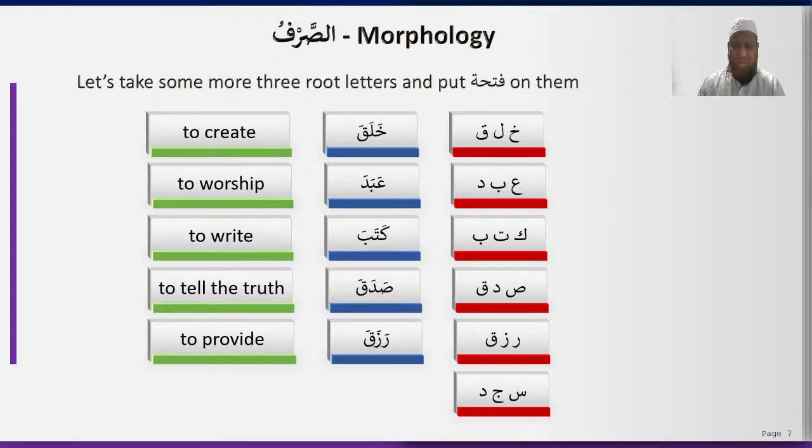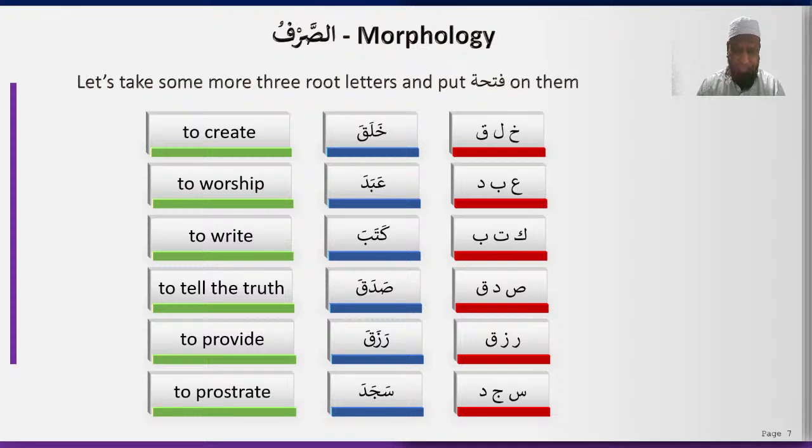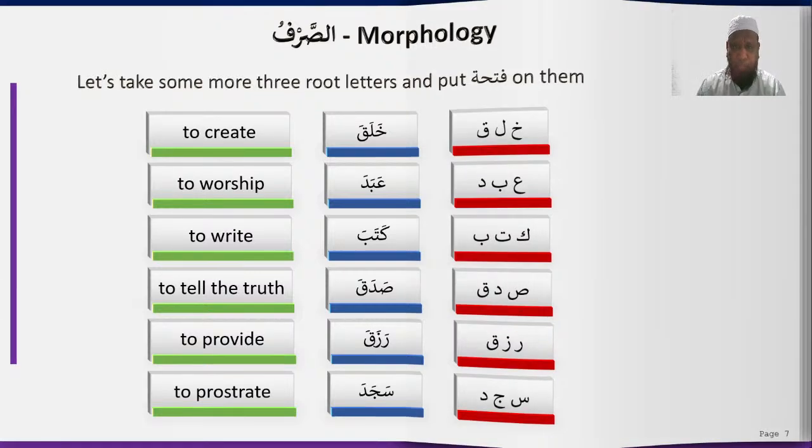And the last one, sin, jim, dal. If we put the fatha on all of them, it becomes sajada, to prostrate. So these are a few verbs that fall in the group of the aynul kalima having fatha.